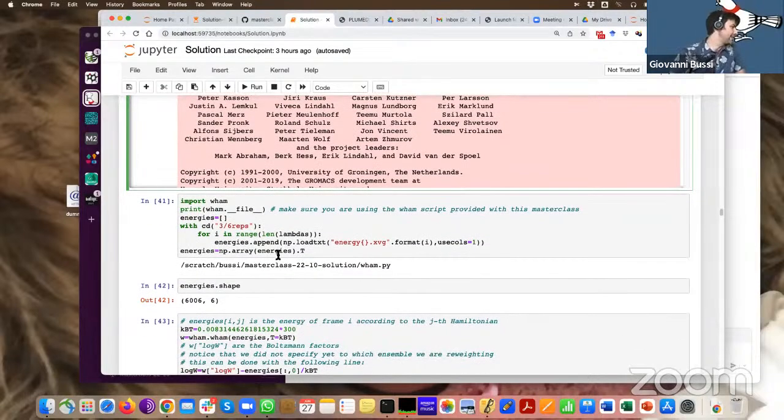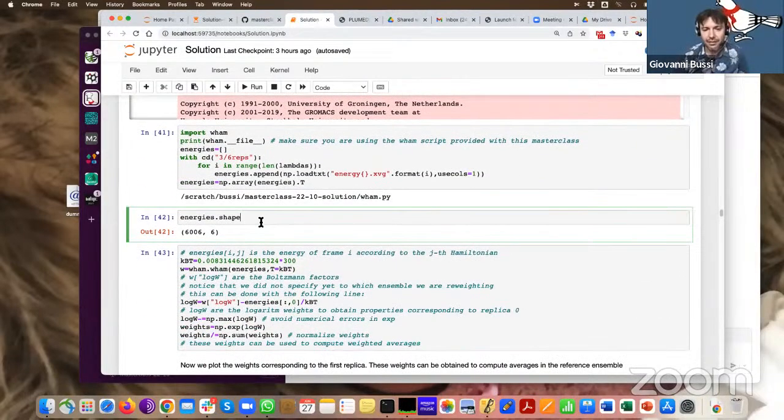In the end, what I have here is an energies NumPy array, whose first index is the number of the frame. You see, it's 6006 because each trajectory is 1001 frames. I was maybe naively using the full trajectory. I would recommend in practice to discard the initial part. Each of them is 1001 frames, so times 6. So for every frame I have the energy according to every topology, so I have 6 for the second index.